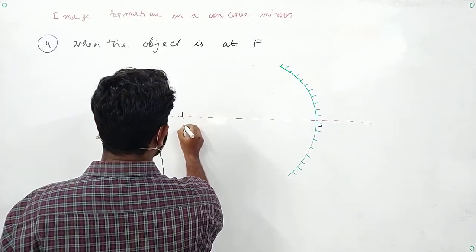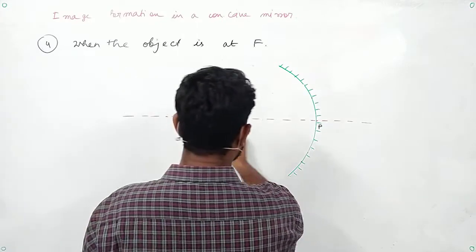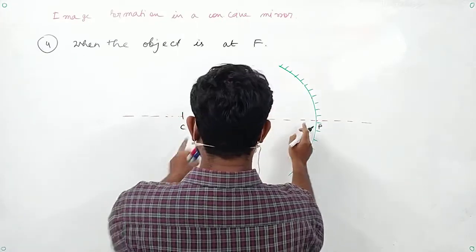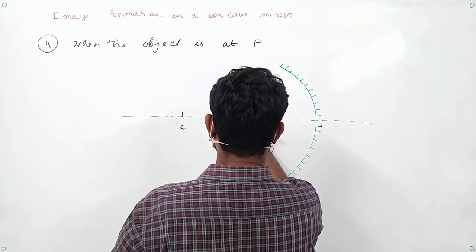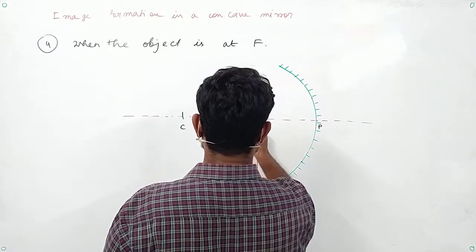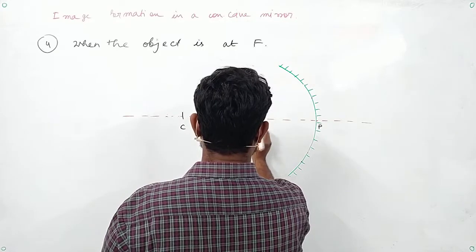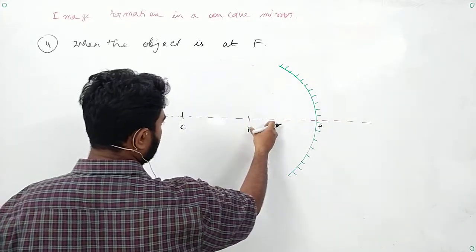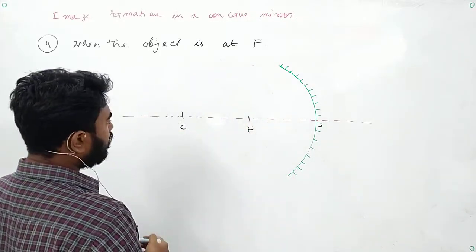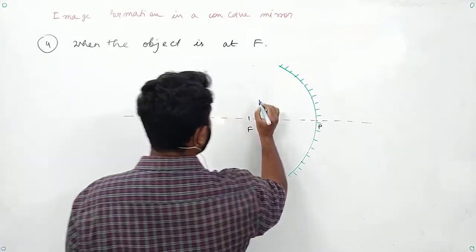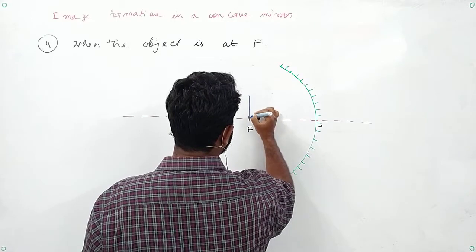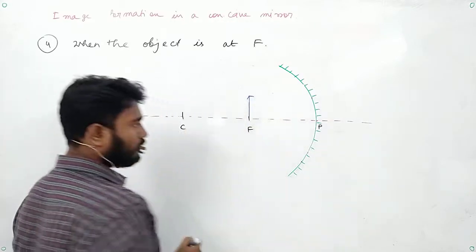Suppose this is the center of curvature and the focus will be somewhere in between. So that this is the focus. Now, suppose the object is at F. Suppose this is the object.